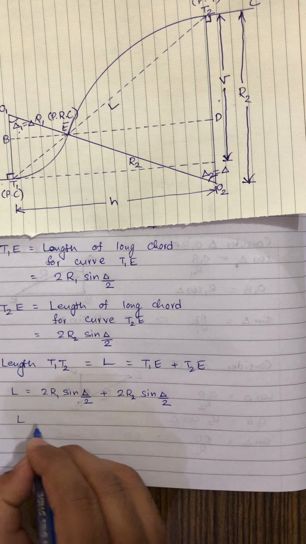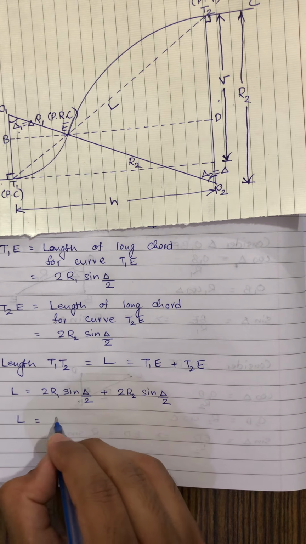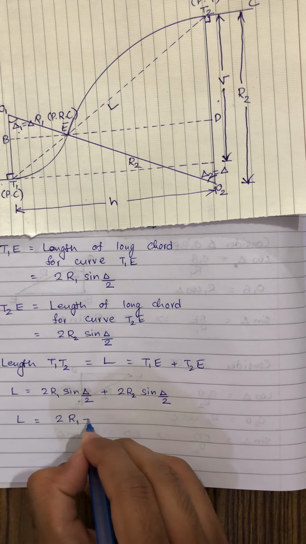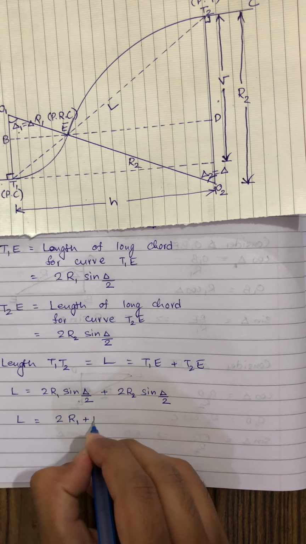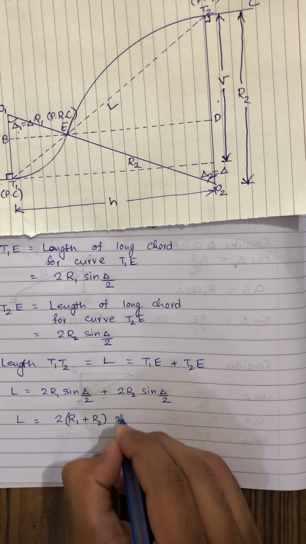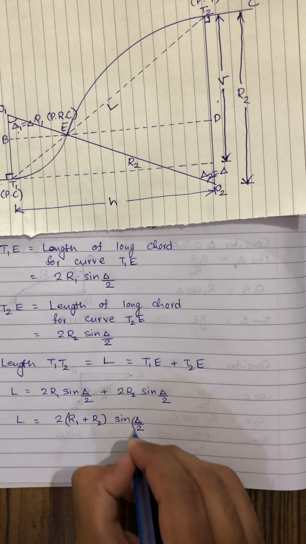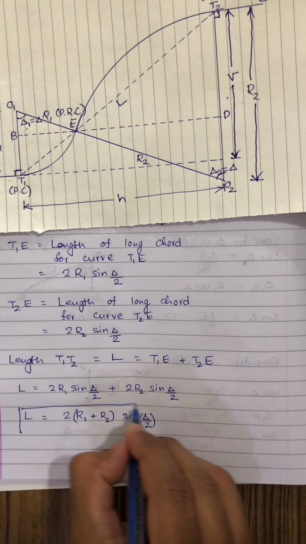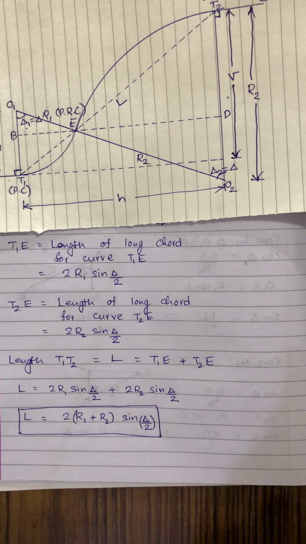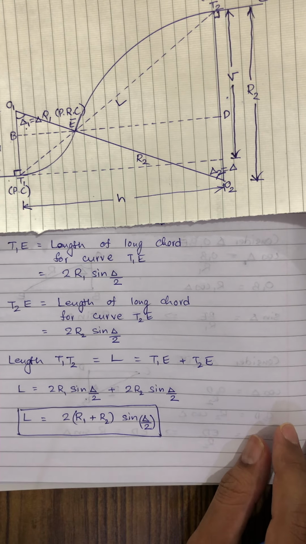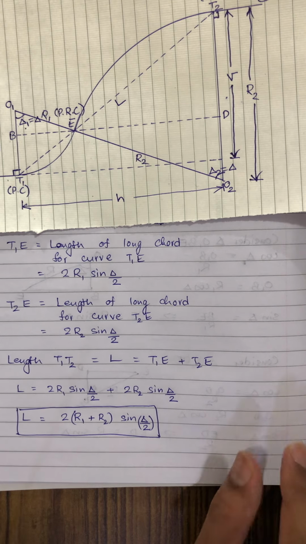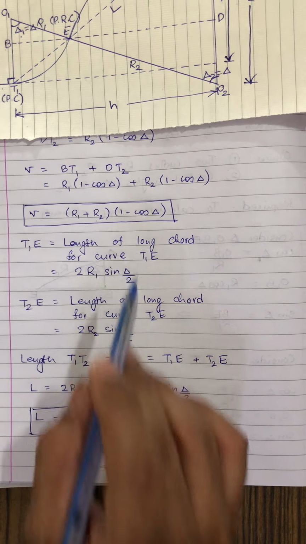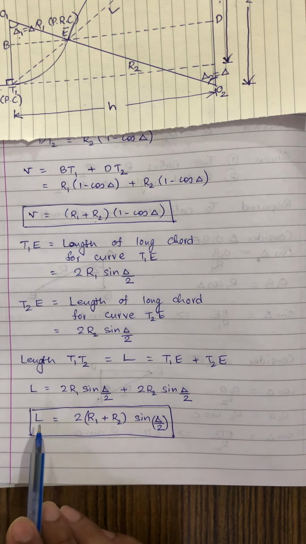So this can be written like 2 into R1 plus R2 into sine delta by 2. This is the formula for the length T1T2, that is capital L. So we have calculated this capital L, the total length T1T2, and this small v, the vertical distance between T1 and T2.